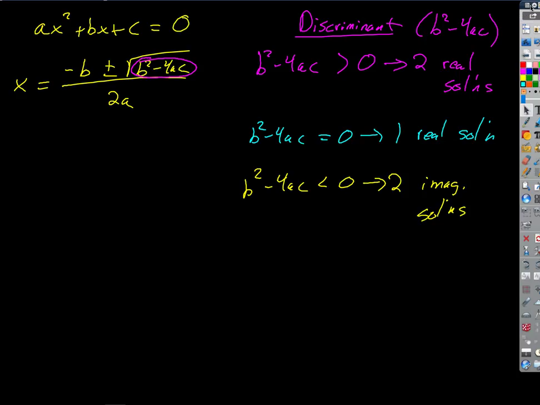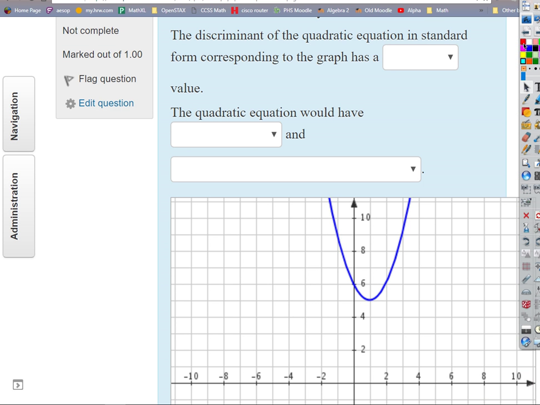So the connection we're making, we can simplify what I just said. X-intercepts on a graph always correspond to real solutions of the equation, right? So if there are 0 x-intercepts, how many real solutions are there? 0, right?